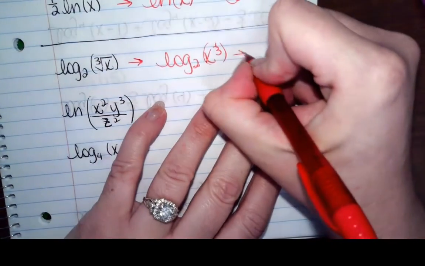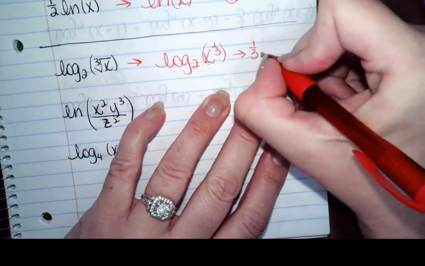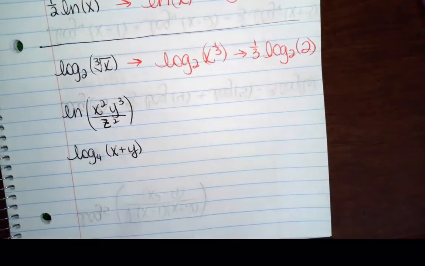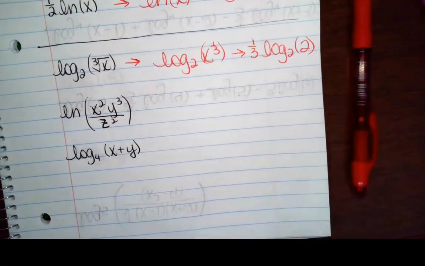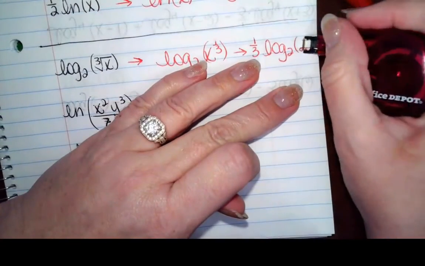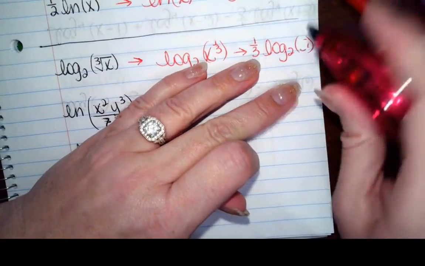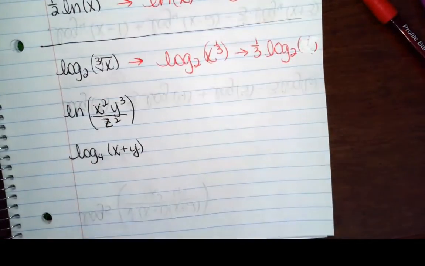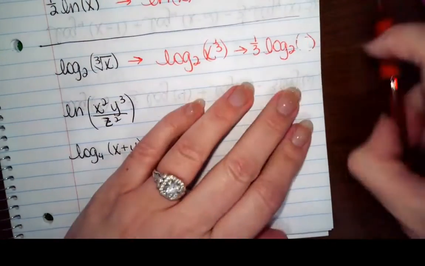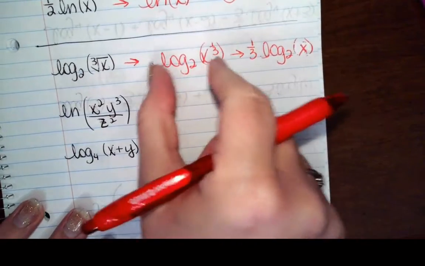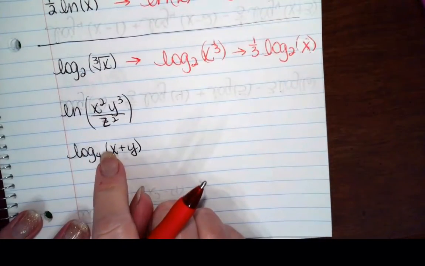So I need to drop that 1/3 out front as a coefficient. So I get 1/3 log base 2 of x. Good heavens, where'd the 2 come from? I'm just randomly changing things just so I can confuse you. So what I have is, this is an x. So I drop my 1/3 out front.